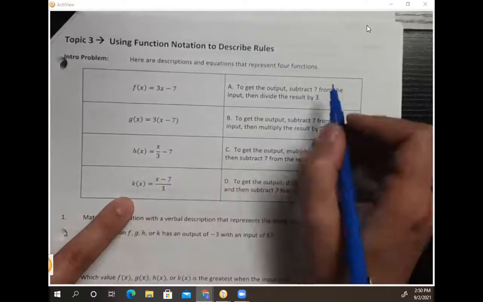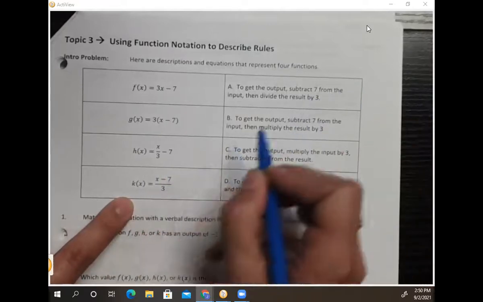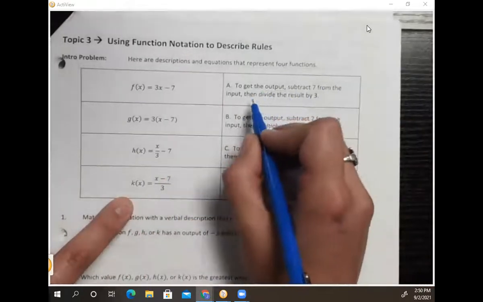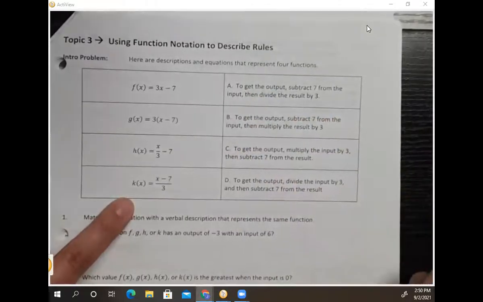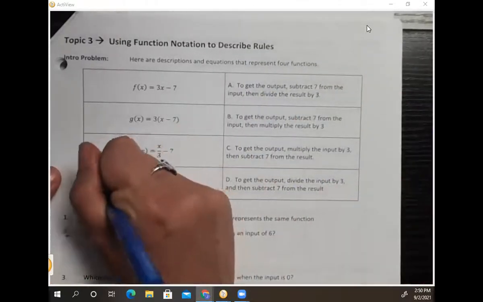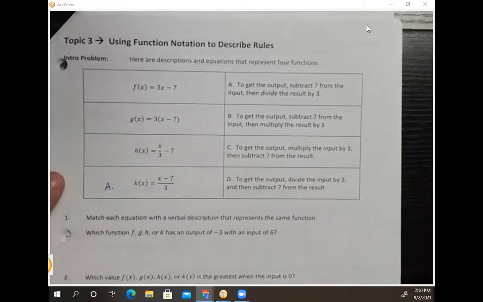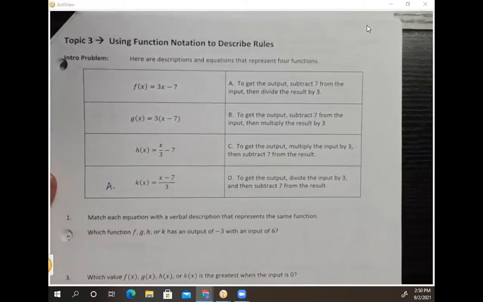K of X, subtract 7 from the input, then divide the result by 3. These order words are the ones we're going to see a lot here. Those are important, okay? Those tell me about order of operations, right? What I want to do first, second, third, and so on.